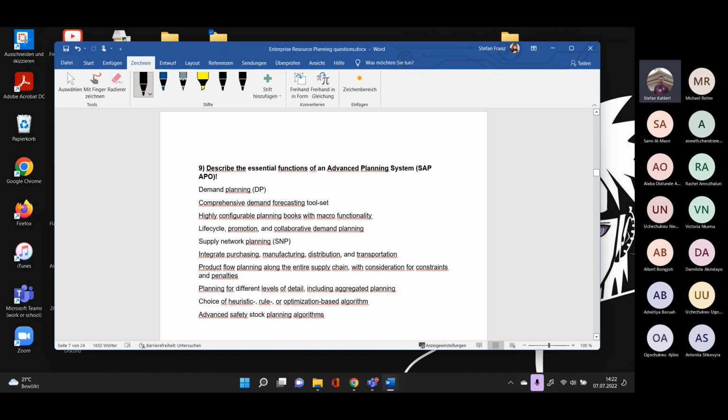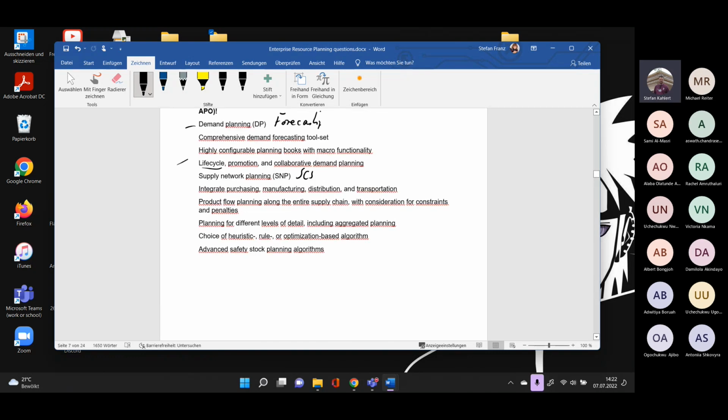We had this last time, essential functions: demand planning for your business, which was forecasting; tool set, configure lifecycle, very important; collaborative systems, supply chain, network planning, supply chain service, integration, manufacturing of distribution, and product flow; planning of different detail, aggregated planning, choice of heuristic, dual optimization algorithm, advanced safety stock algorithm.